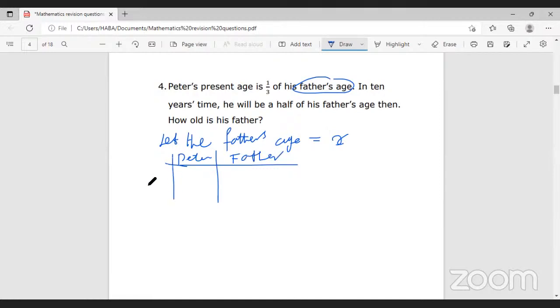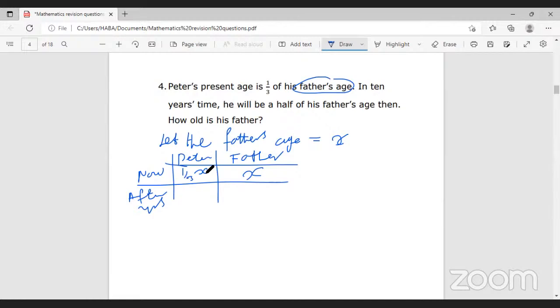Then we can add there now, or what we are calling the present, and after 10 years. So we are saying the father's age is now X. And now Peter's age is going to be 1 over 3 of the father's age, which is X. So that would be the present time.